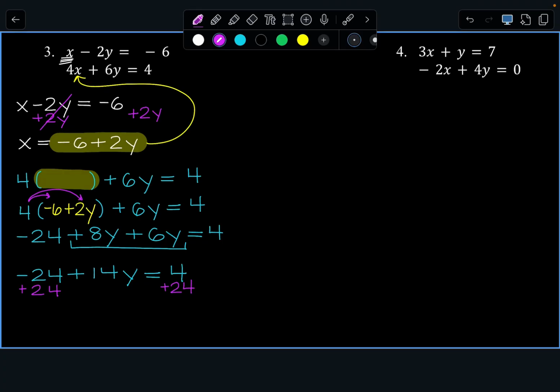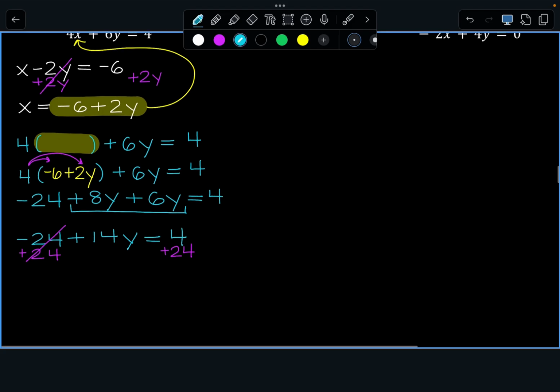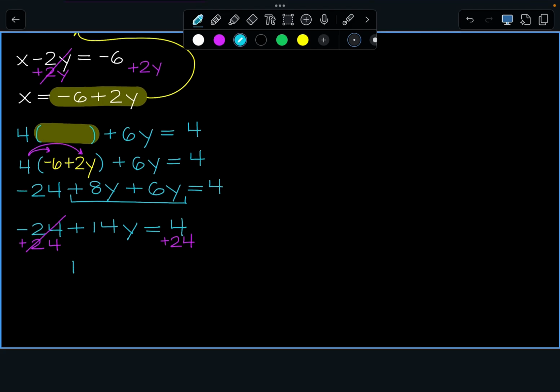Since neither one of them have any variables, we can combine them together. So we're left with a positive 14y equals 28. To separate the 14 from the y, divide by 14. So y equals 2.